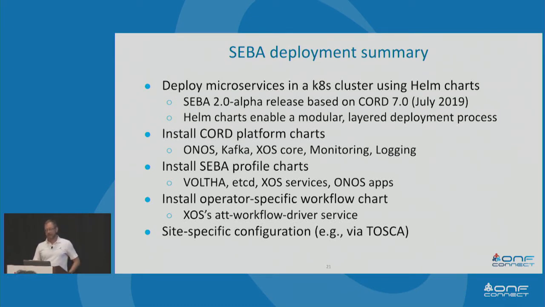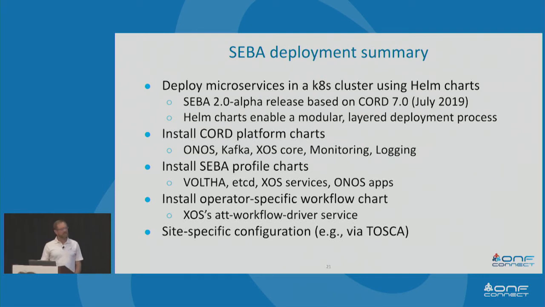When you deploy SEBA, you're deploying microservices on a Kubernetes cluster using Helm charts. We just went over that. The latest SEBA release is the 2.0 alpha release, and it's based on the CORD 7.0 release. Remember, SEBA is one of the projects in this CORD family of use cases.